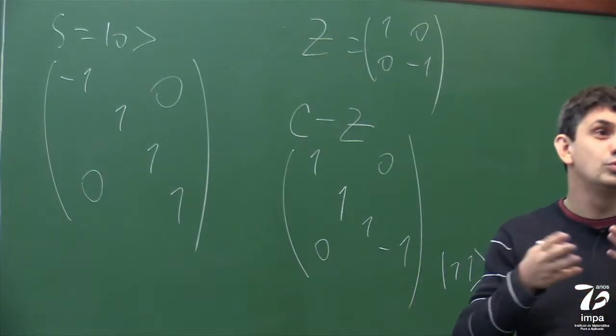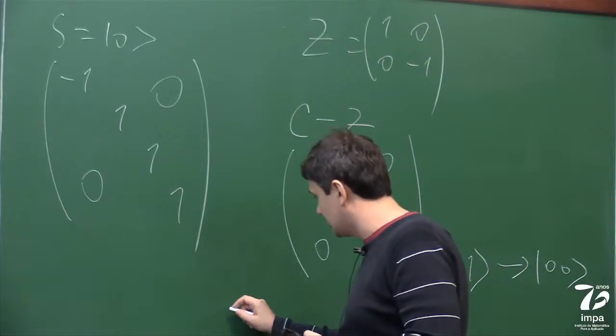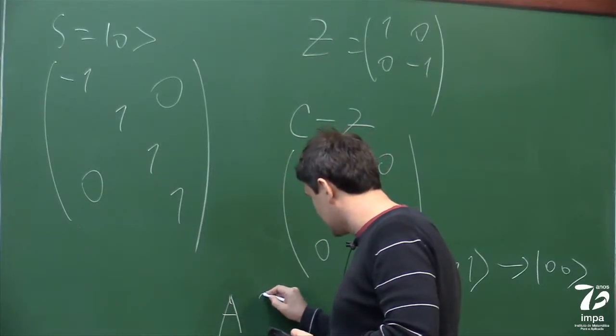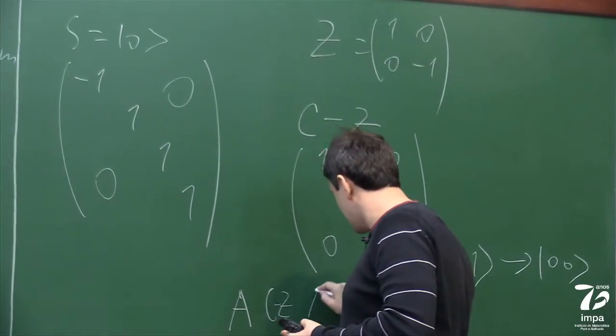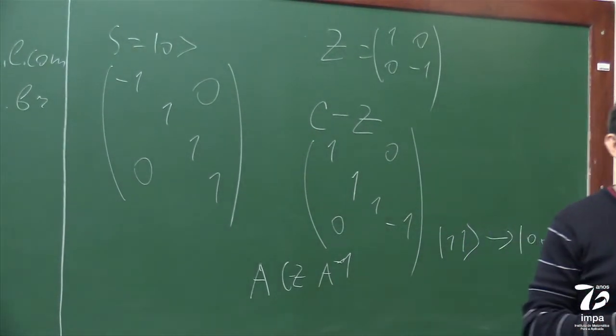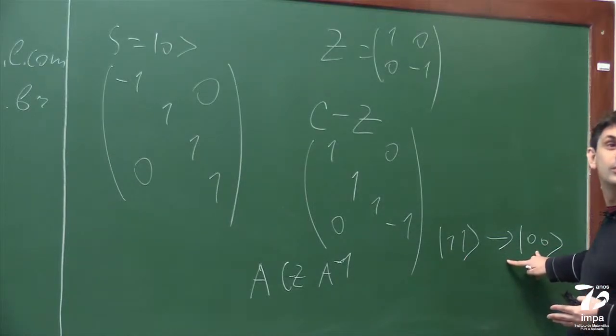You can do A, controlled Z, A minus 1, and choose an operator A which moves this here.